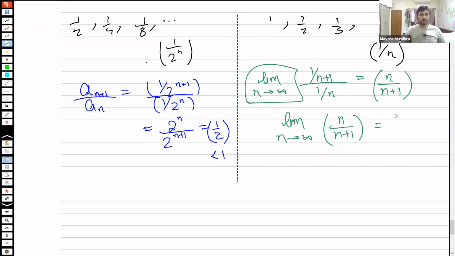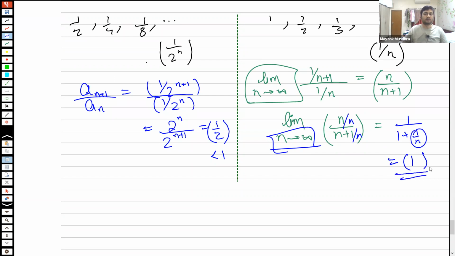Does anybody remember limits? The way to do it would be to just divide numerator and denominator by n. So this becomes 1 upon 1 plus 1 by n. Now as n goes to infinity, 1 by n is 0. So this is just 1.